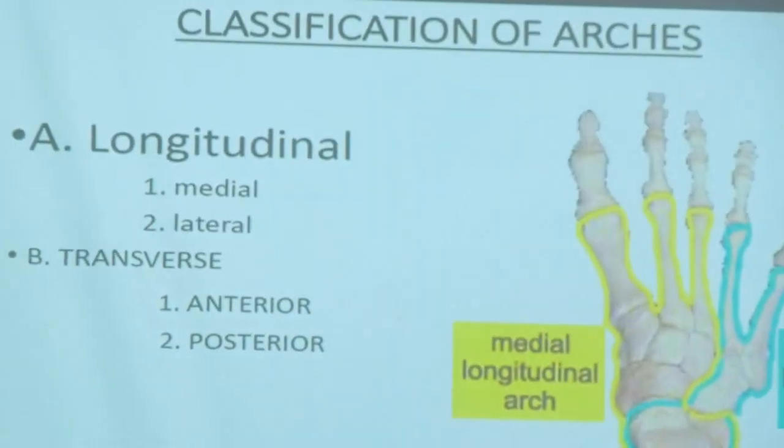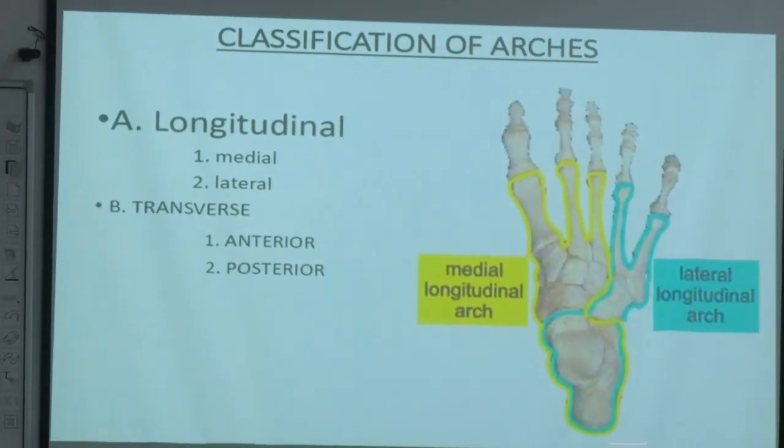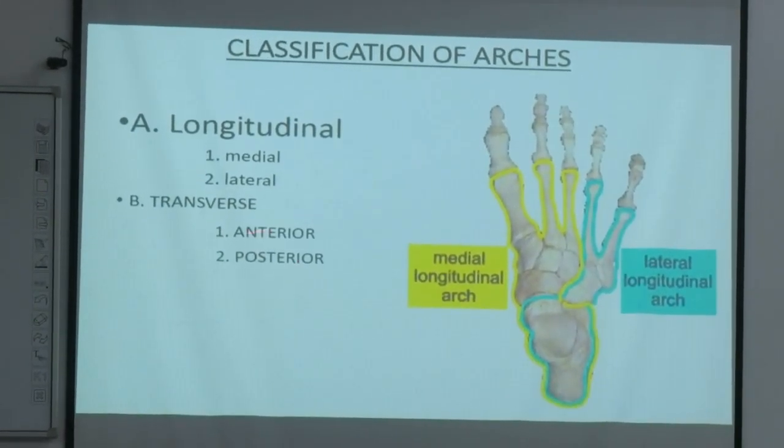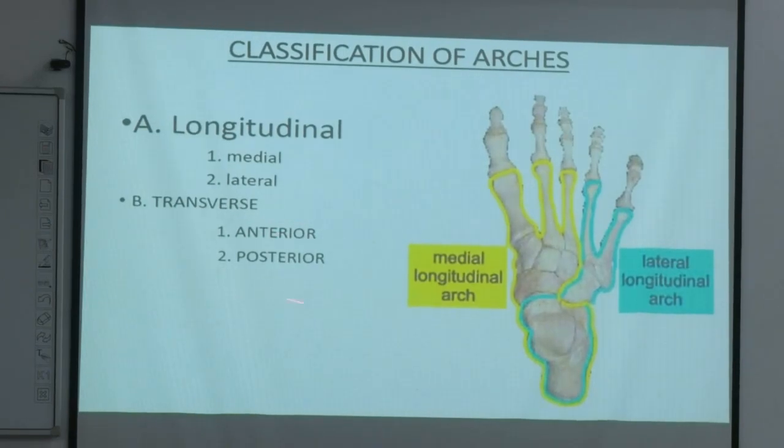These are forming the medial longitudinal arch. For the lateral longitudinal arch, these blue marked bones will form it. So there will be calcaneum, cuboid, and two metatarsals. These are forming the lateral longitudinal arch. And the transverse arches are the anterior transverse arch and posterior transverse arch. Next.